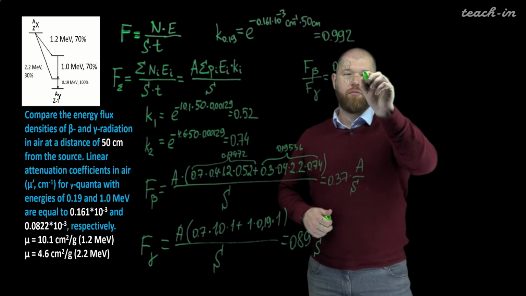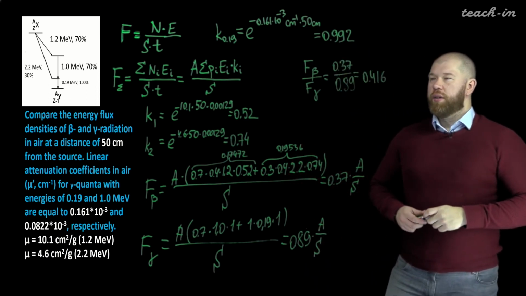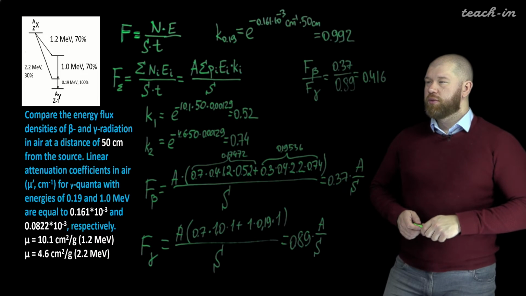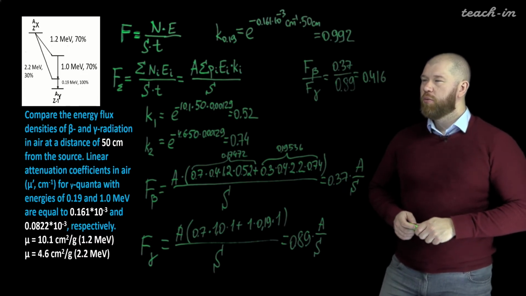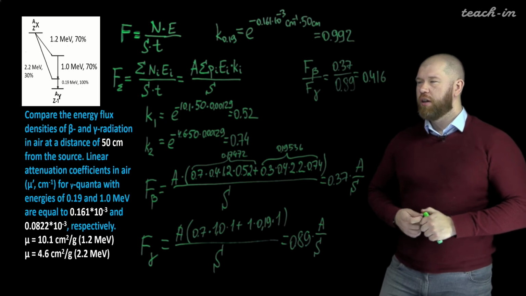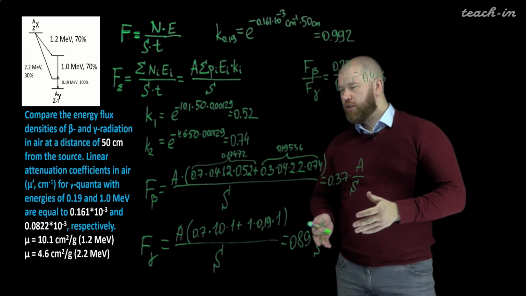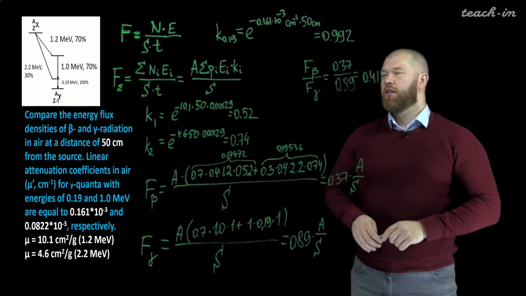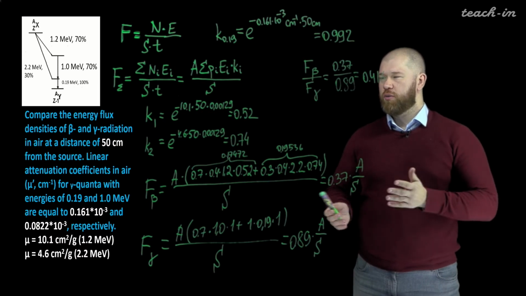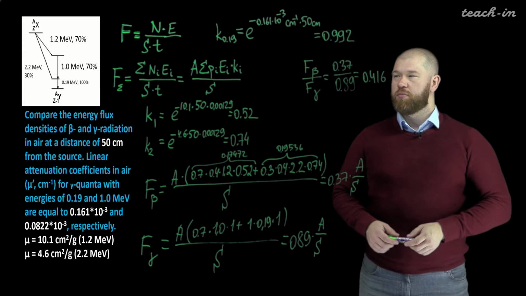So it will be 0.416. So, okay. I hope that it is clear how we can calculate the energy fluxes, energy flux densities for the sources of beta and gamma radiation.